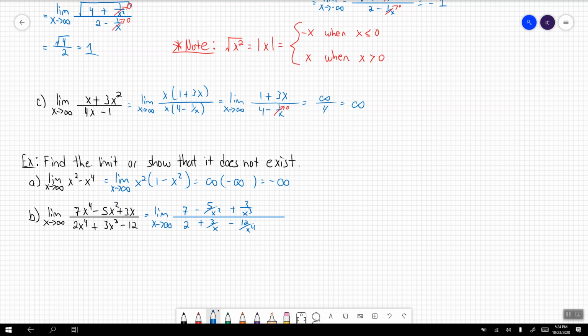And as you notice, what I did was factor x to the fourth from every individual term in the numerator and denominator. Therefore, the x to the fourth will simplify, and we would be left with this function that we're looking at.